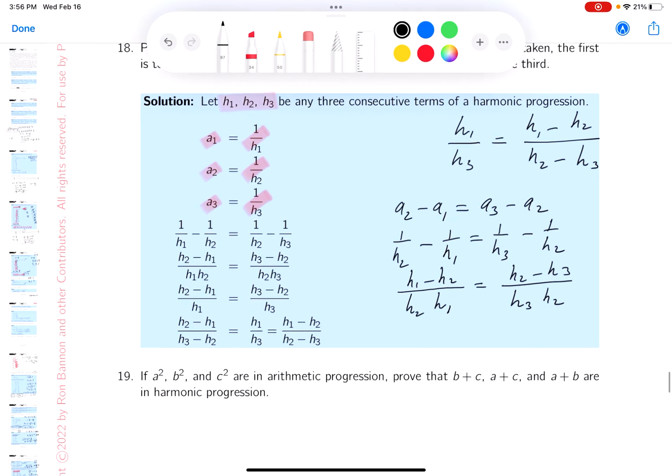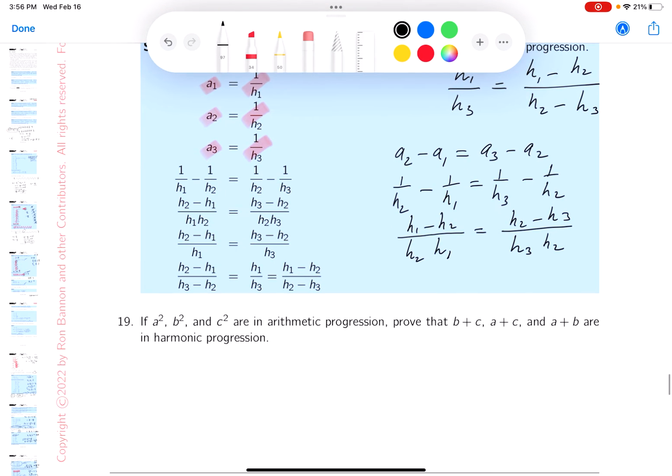All right? Let me keep going. A little tough to do that. I'm going to multiply both sides by H2. So these would cancel off. And let me write this over here. So you get H1 minus H2 over H1 is identical to H2 minus H3 over H3.